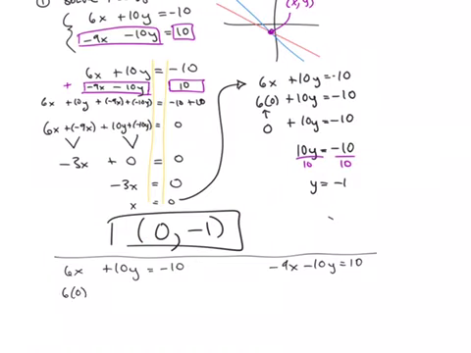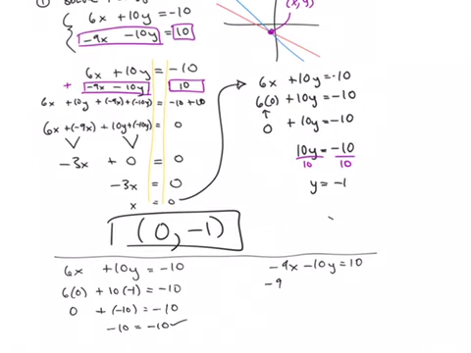Well, 6 times 0 plus 10 times -1 equals -10. So I substitute in 0 for x, -1 for y, and I see if the equation is satisfied. 0 plus -10 gives me -10 on the left, -10 on the right. So I did find a solution to that equation.